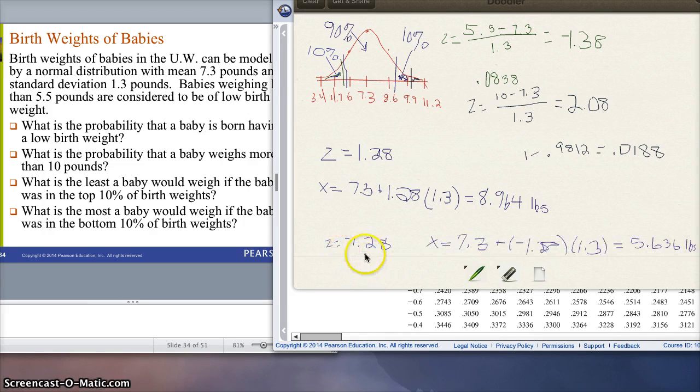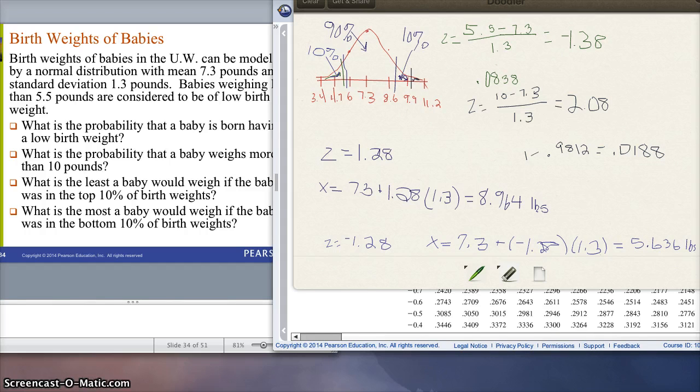So here's my z-score of negative 1.28. I plug in x equals the mean plus the z times the standard deviation, which gives me 5.636 pounds, which agrees with what we said to start with. It's just going to be a little bit larger than the 5.5 pounds. So if the baby weighs less than 5.6 pounds, they're going to be in the bottom 10% of birth weights.